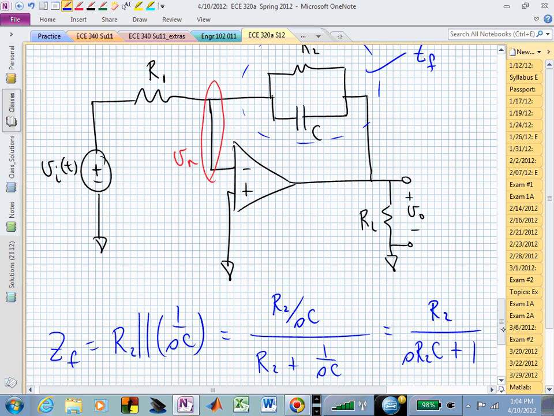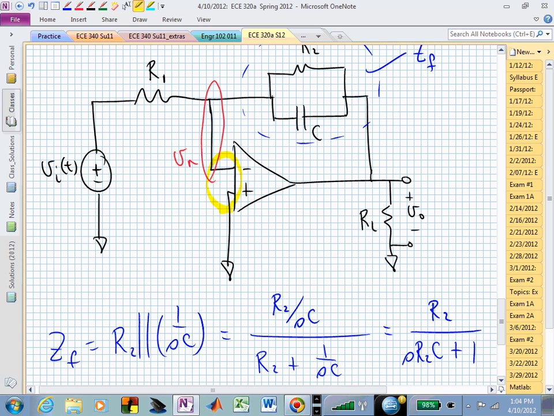And if I'm dealing with an ideal non-saturating circuit, I know that I have this virtual short between my two terminals effectively, and so V sub P is the same as V sub N. V sub P is grounded. V sub N then is 0, and I can get rid of V sub N in my previous KCL equation.